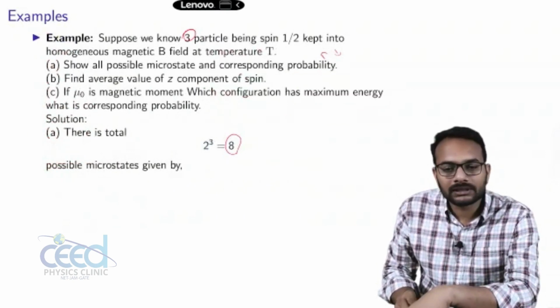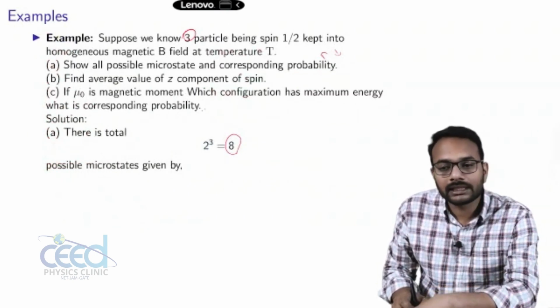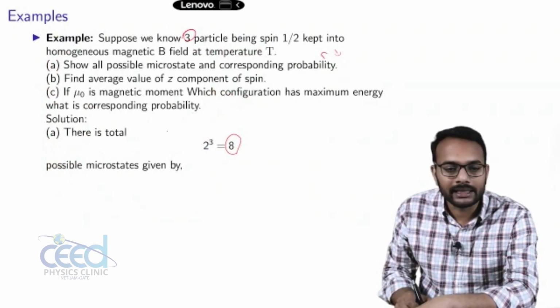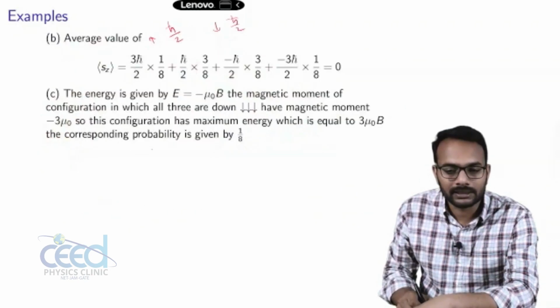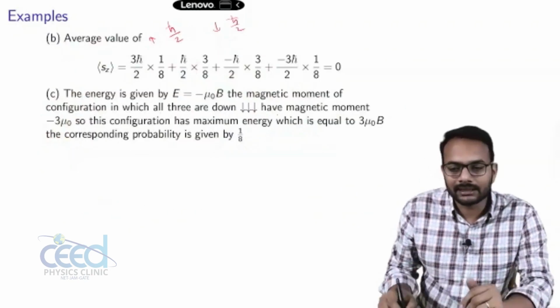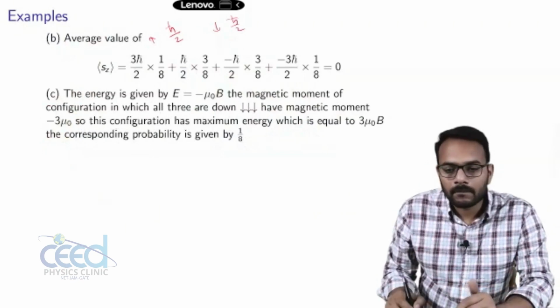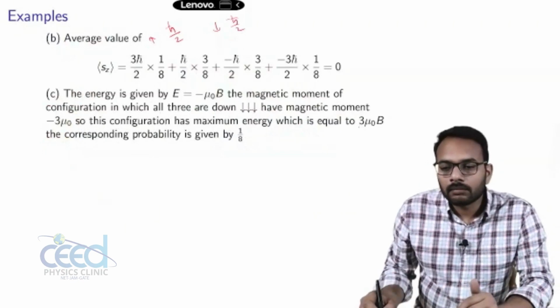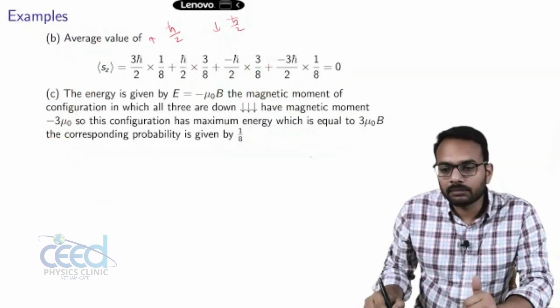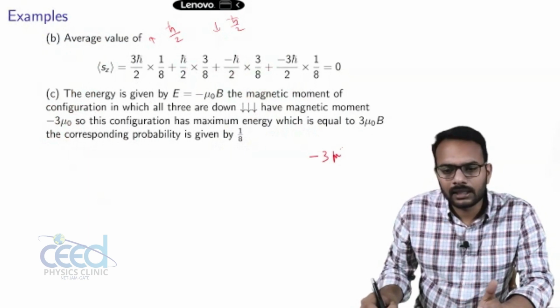If mu0 is the magnetic moment, which configuration has maximum energy, and what's the corresponding probability? The energy is minus mu b.